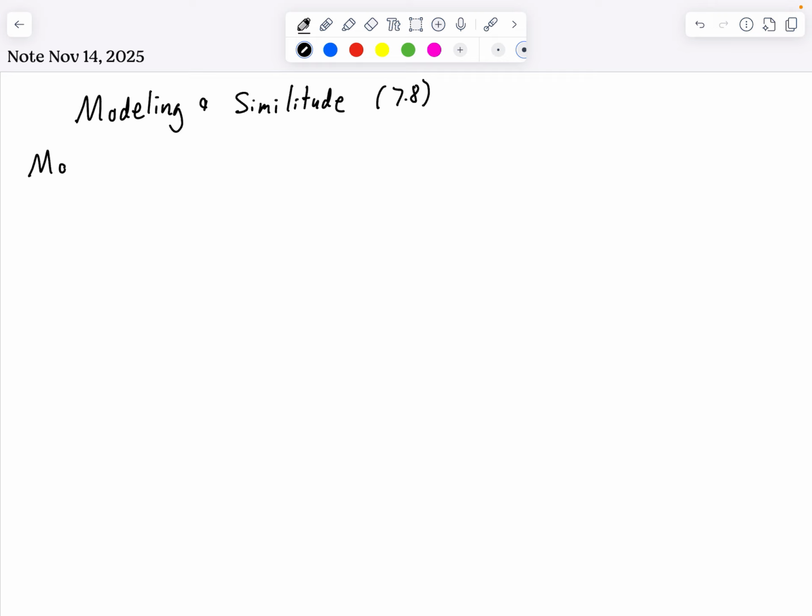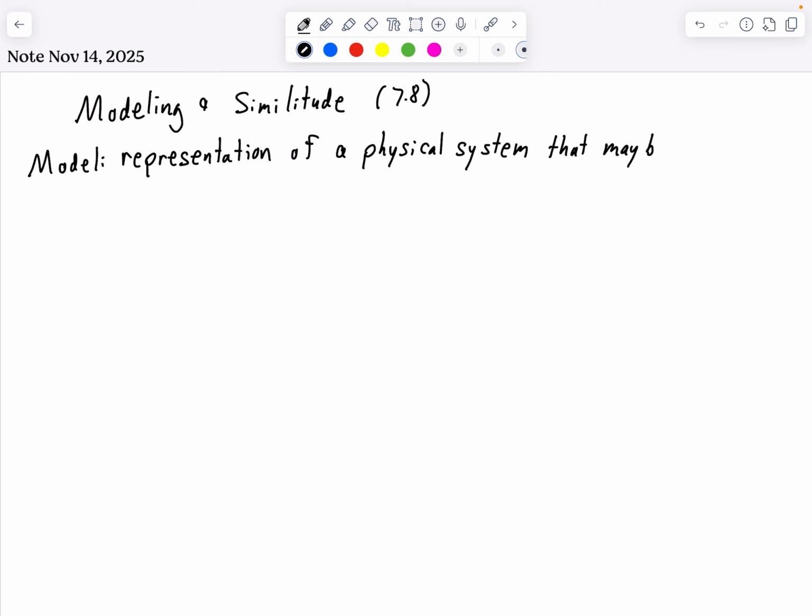So let's define some terms first. What do we mean when we say a model? So the technical definition of a model here is a representation of a physical system that may be used to predict the behavior of the system.